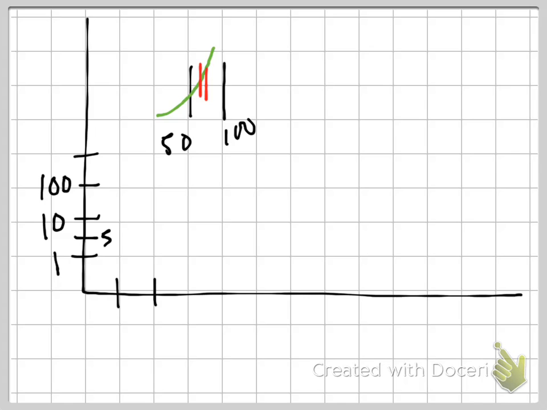We can estimate this to be 75. Half of the distance between 50 and 75. Well, 12.5 plus 50, 62.5. Okay, we can't be that precise. We basically have one sig fig to go with, which means we should probably call it 60. So you see how sig figs play into your certainty on this also?